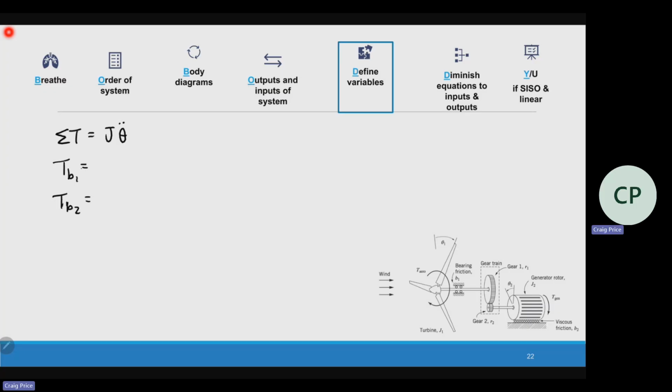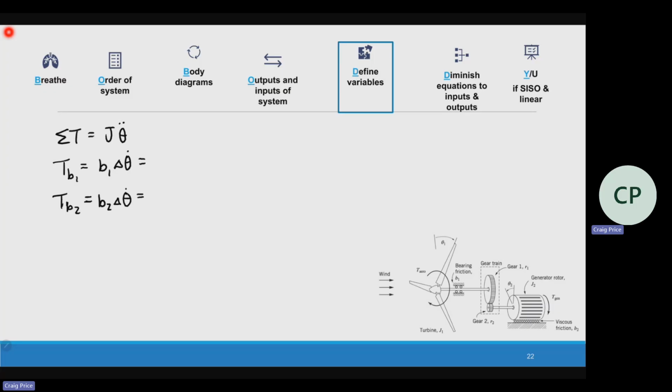Now, for a rotational problem, this is on the equation sheet, which I would encourage you to use as you're doing the homework. The equation is B times delta theta dot. Just like with springs, I don't want to forget about the delta because sometimes the delta is extremely important.